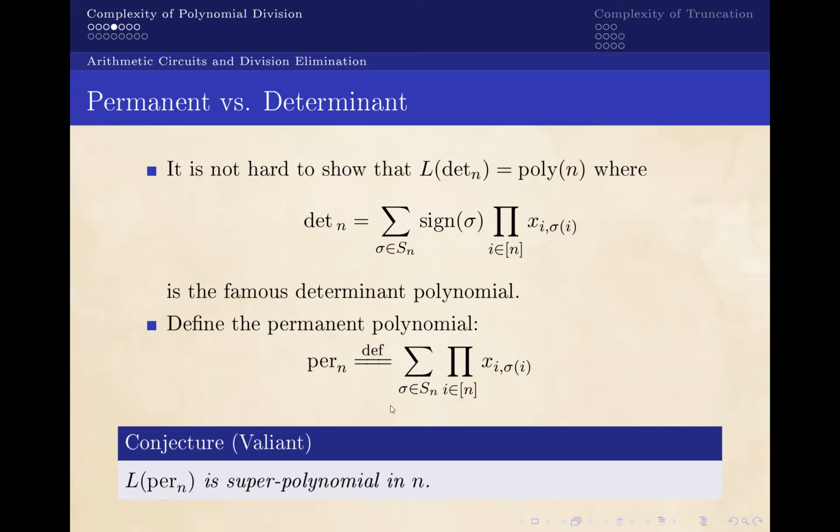This is the well-known determinant polynomial, and one can show that it has poly-size circuits. We can also define its cousin polynomial, the permanent, which is almost the same but drops the sign of the permutation. Valiant's conjecture states that the arithmetic circuit complexity of the permanent is super-polynomial in n.